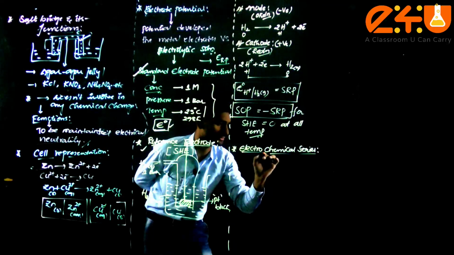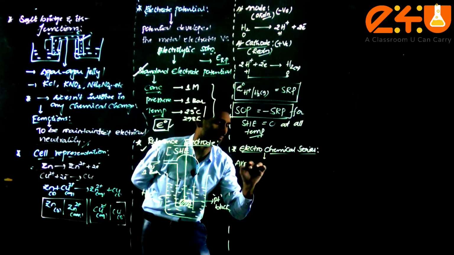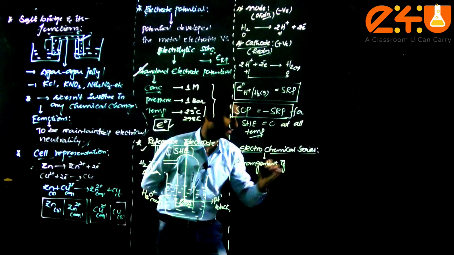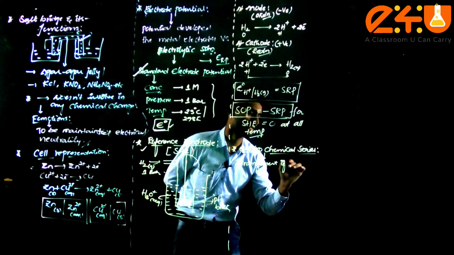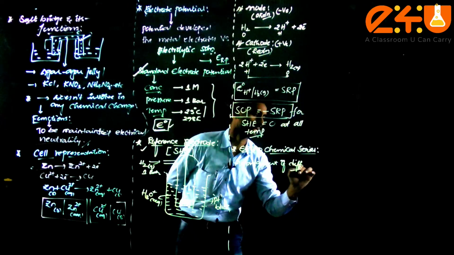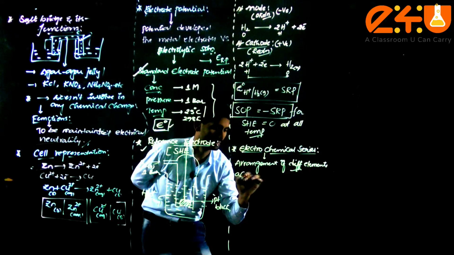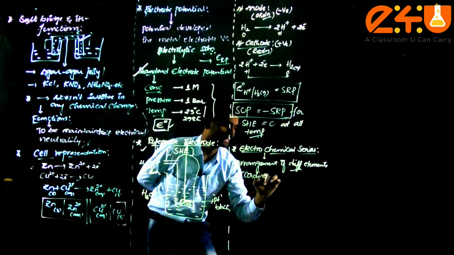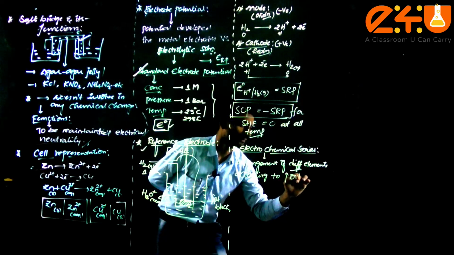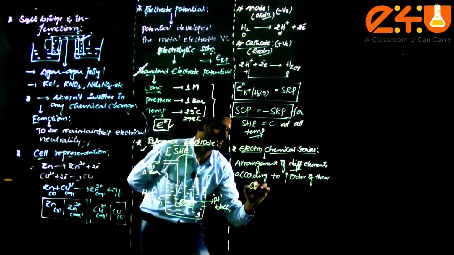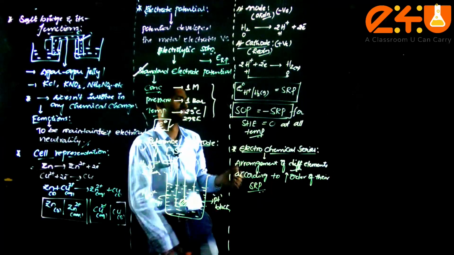What is the electrochemical series, students? The arrangement of different elements according to increasing order of their standard reduction potential. Very, very important this is.